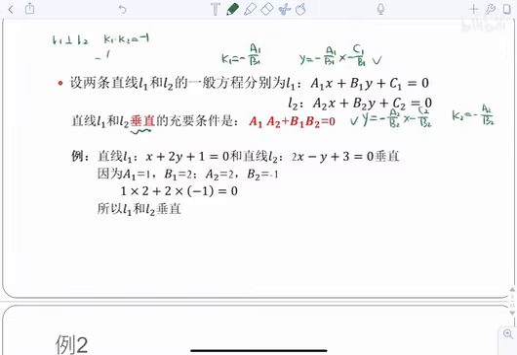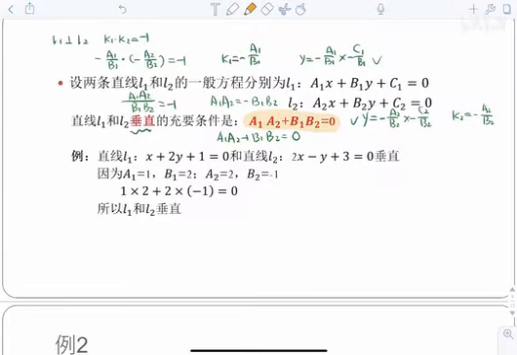So minus A1 divided by B1 times A2 divided by B2 equals minus 1, meaning A1 A2 divided by B1 B2 equals minus 1. Multiplying both sides by B1 B2, we get minus B1 B2. Then adding B1 B2 to both sides, this side will be A1 A2 plus B1 B2, and this side will be 0. So you can find this condition.